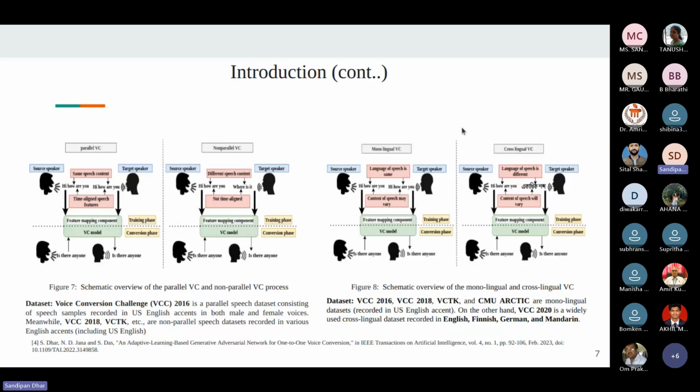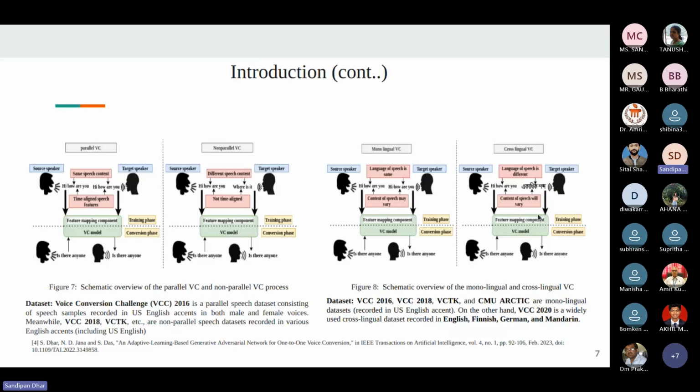Now, the challenge of cross-lingual VC is that it deals with different phonetic contents, different linguistic contents, as well as different accents. So it makes the process quite difficult compared to the earlier explained models, because we have to extract some accents, some phonemes, which may not be present in the target domain.